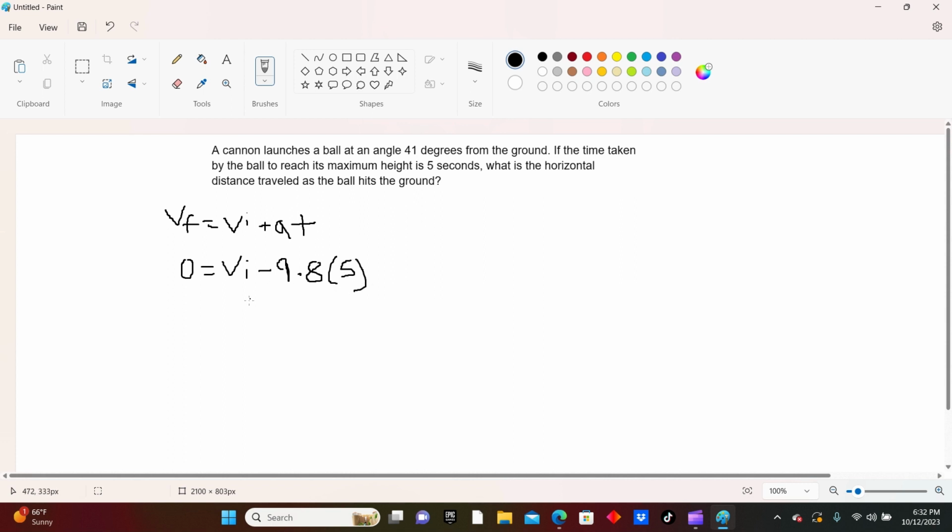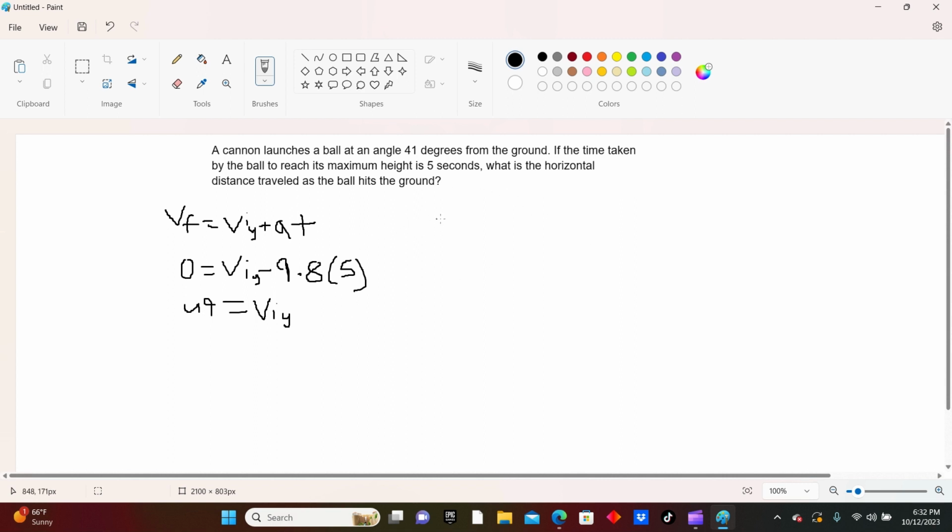So if we plug this into a calculator, we simply get that 9.8 times 5 is equal to 49. So if we bring this whole term to the right, we'll get 49 equals VI, and I'll just specify Y for the Y direction.